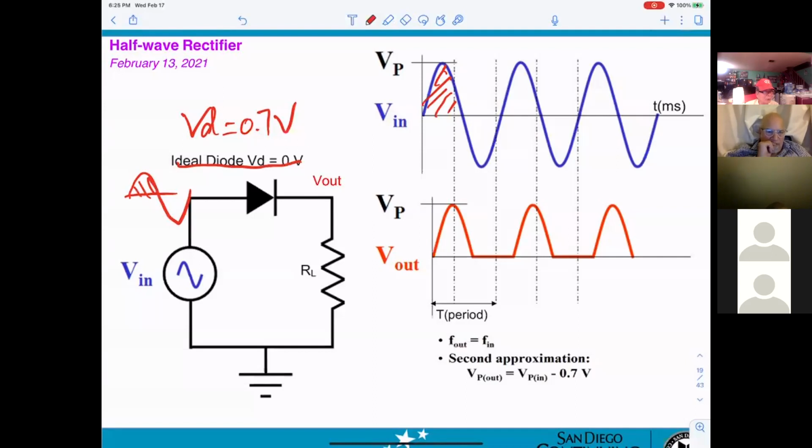If the diode is on, I already said, you have to substitute the diode by the battery, 0.7. So now I can substitute by the battery here, 0.7, positive, negative.